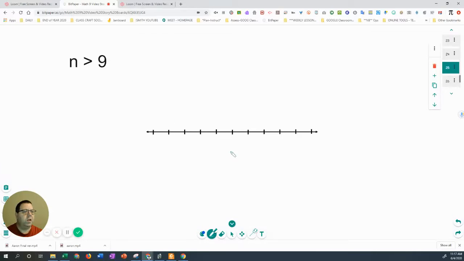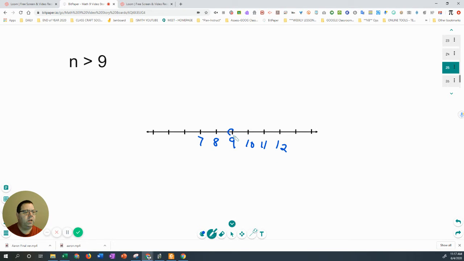Now, n being greater than 9. Same thing: 9, 10, 11, 12. Really the only difference here is that the direction of the arrow will change. So let's just go 8, 7, there's a 12.